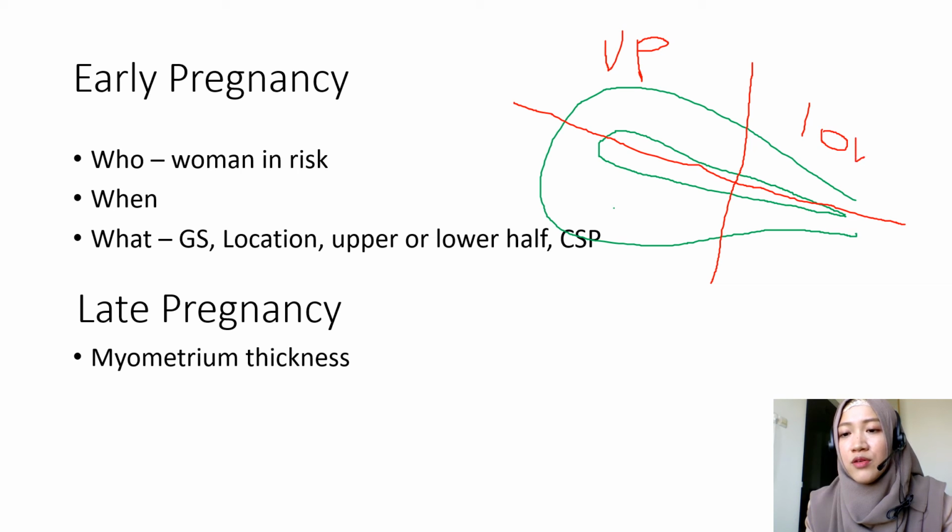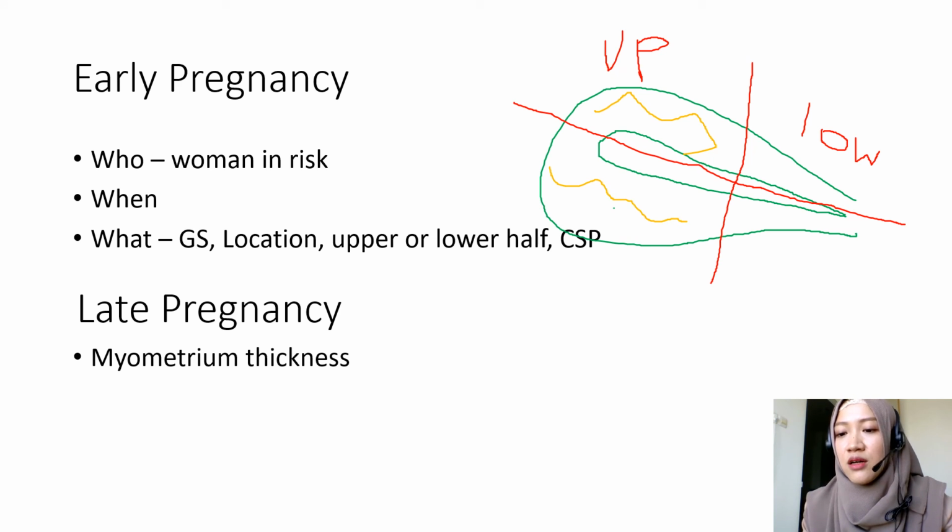So when you see the implantation or the gestational sac location is in the upper quadrant, it is likely to be a normal pregnancy, right? Because this is the normal site of implantation.